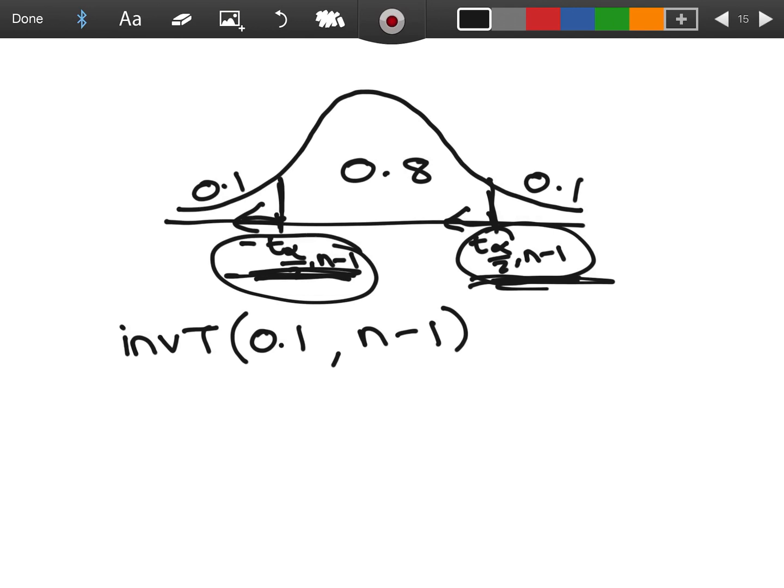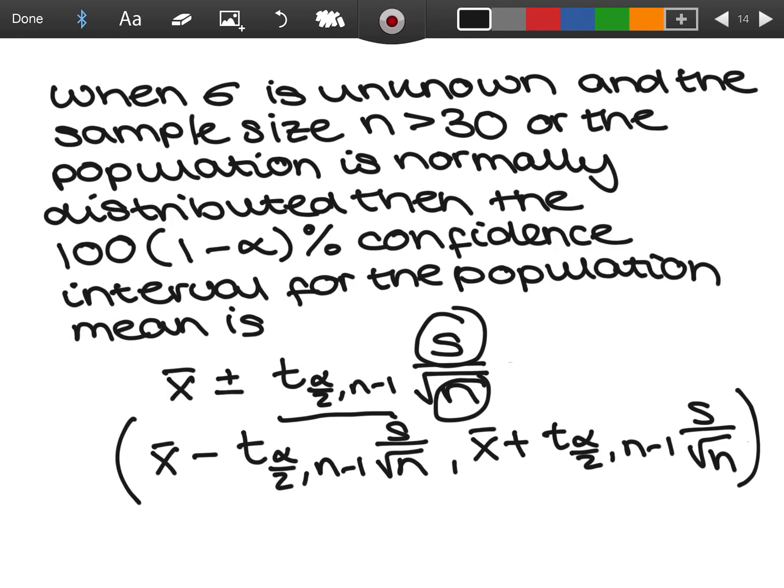It will ask you for the sample mean, the sample standard deviation. Remember, we use a sample standard deviation now instead of a population standard deviation. It will ask you for the sample size and the confidence level, and it will figure out this interval for you. It will figure out that t value for you.